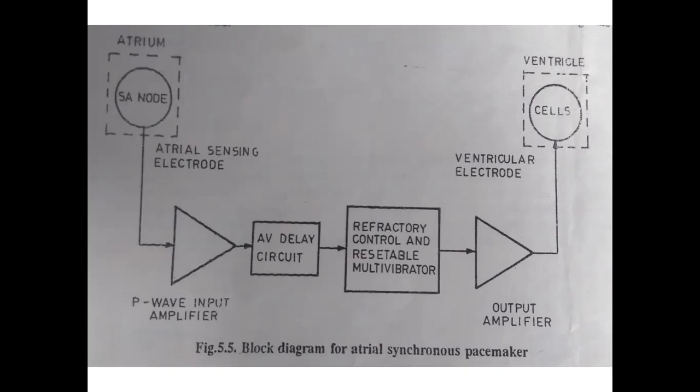After reaching this AV node, the impulses have some delay, and after that delay they travel to the heart.